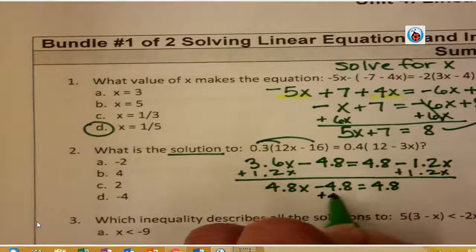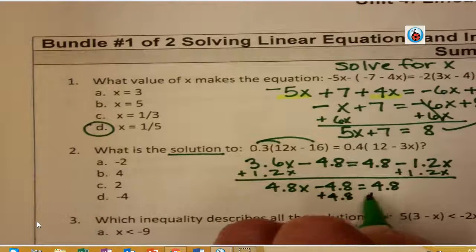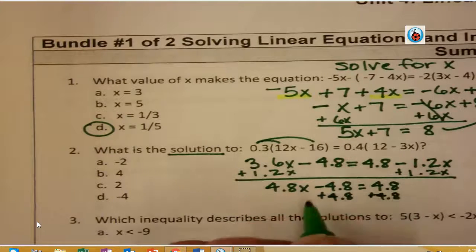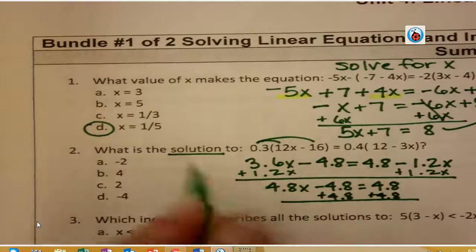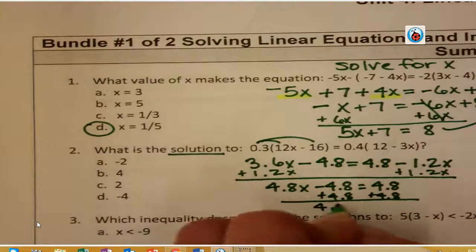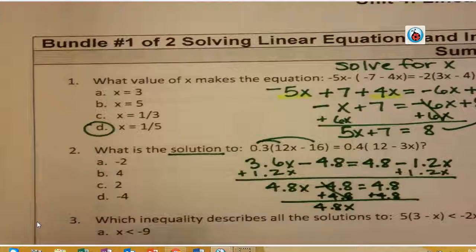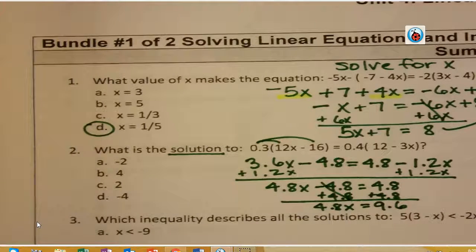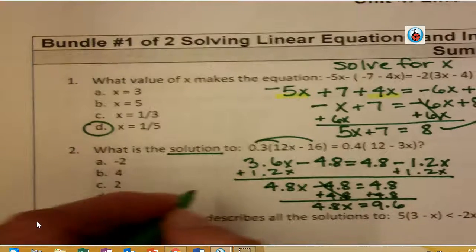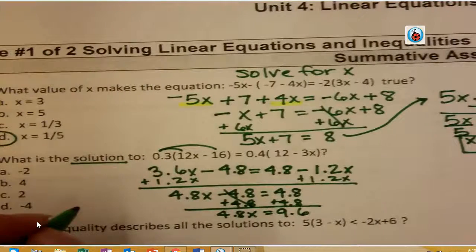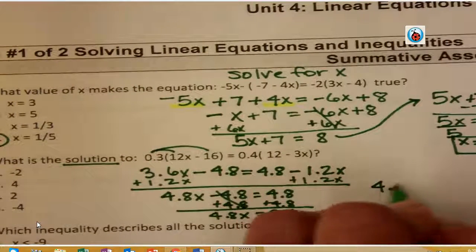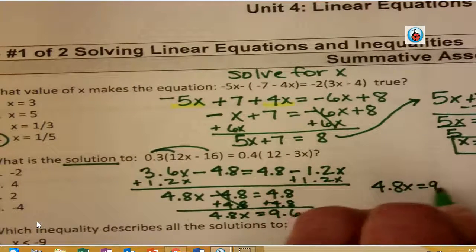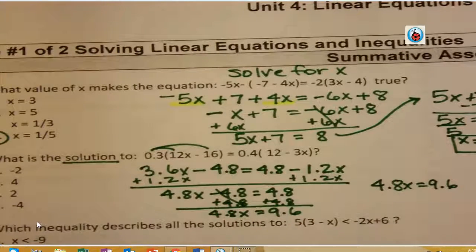Then we're going to add 4.8 to both sides. And I'm going to get 4.8x, these cancel each other out, equals 9.6. 4.8x equals 9.6.